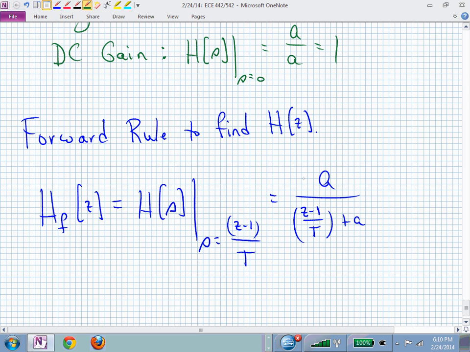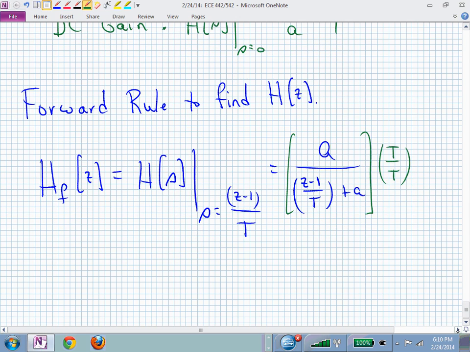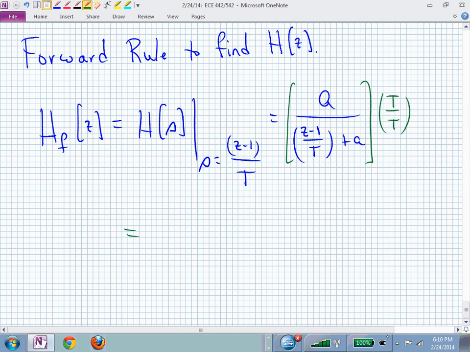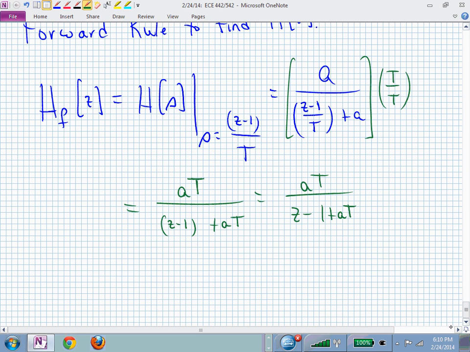And if I wanted to, I could always multiply by 1, which in this case I'm going to write as capital T over capital T. That allows my h sub f of z to be capital T over z minus 1 plus aT. Maybe I shouldn't have put that in parentheses. We just have z minus 1 plus aT.